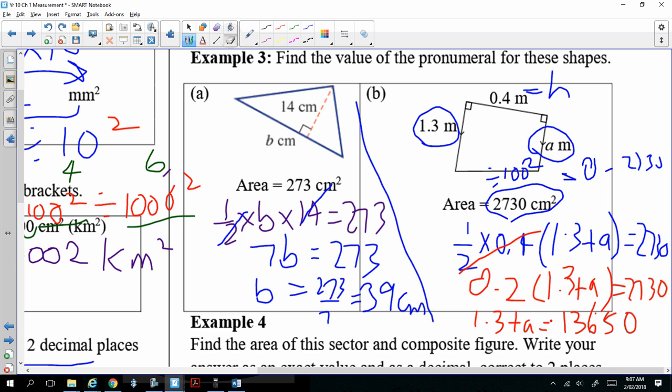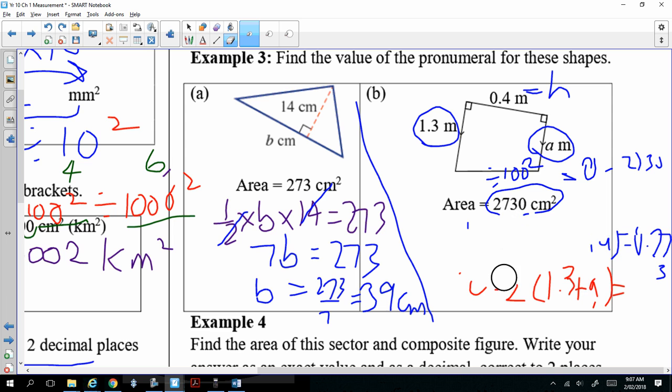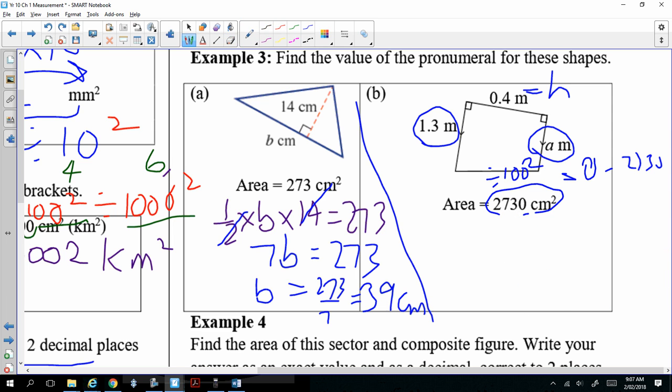Okay, so what we do is you have to divide. So it's actually 0.273. And then I'm going to rewrite it because it's getting very squashy. So let's try that again. Sorry about that. So half times 0.4 multiplied by 1.3 plus A equals 0.273.